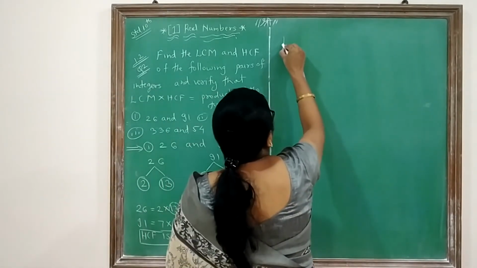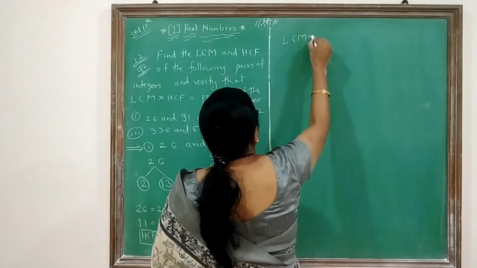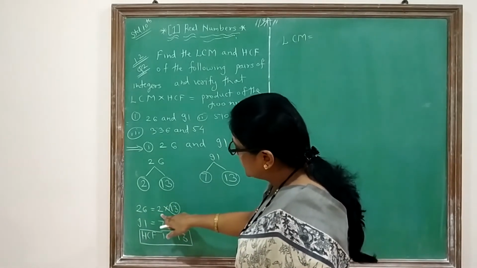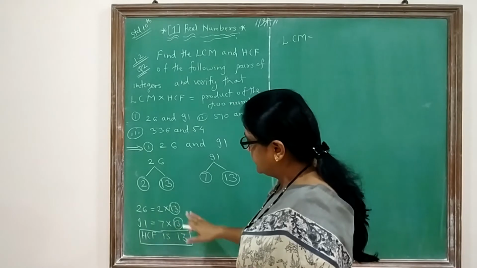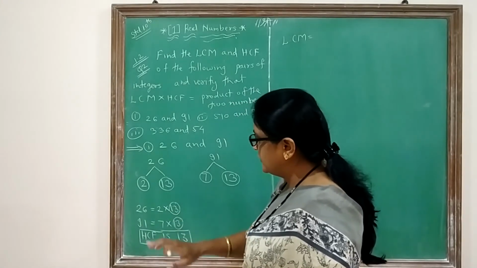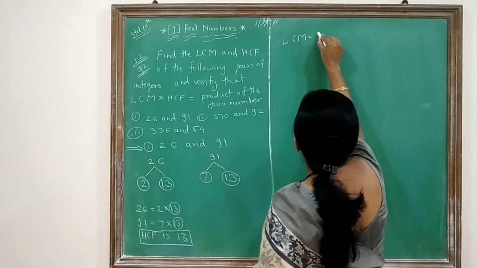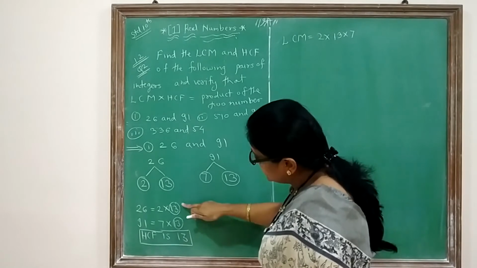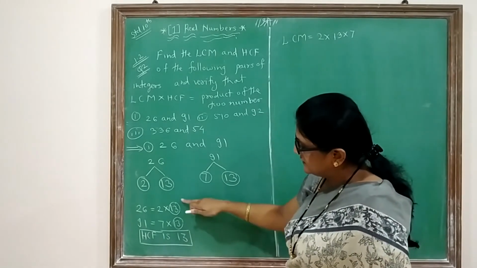Then LCM. Which are the different numbers? 2, 13 and 7. Here 13 is present in both and is repeated, so you write it only one time. Then 2 into 13 into 7. Here 13 is present with power 1 in both, so you take 1 power.